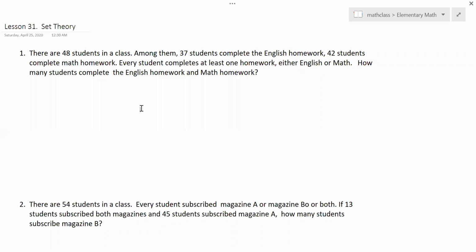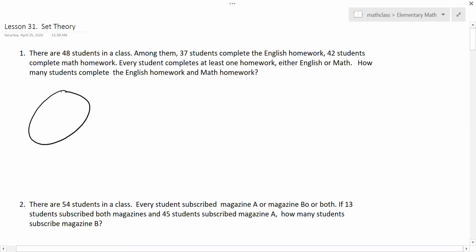To solve this problem, we use a so-called set to draw the picture. Here's a picture. Those are the students who complete the English homework, and this is the set of students who complete the math homework.